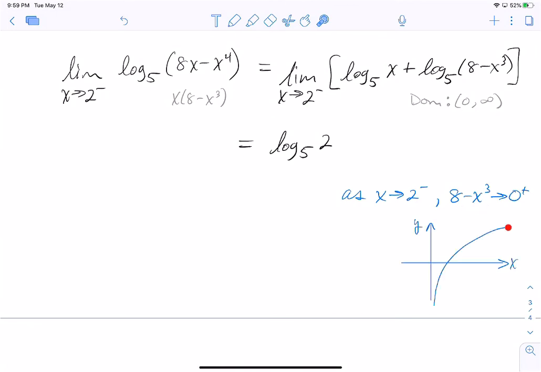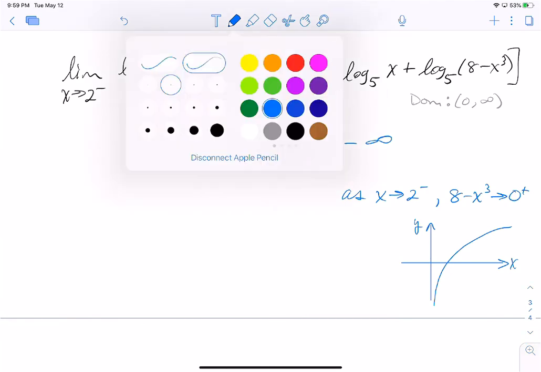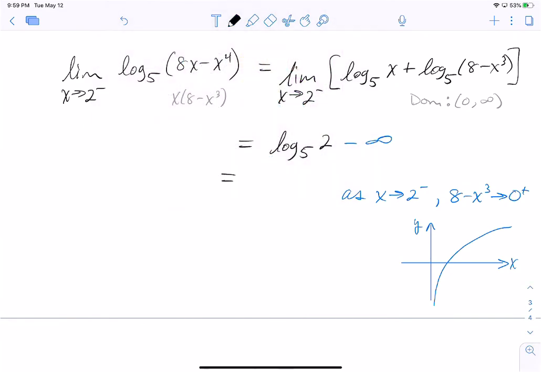And looking at the graph of a logarithm that has a base larger than 1, if the argument approaches 0 from the positive side, then the function is approaching negative infinity. So our answer here would be log base 5 of 2 minus infinity. The answer to the limit expression is that it becomes negative infinity.